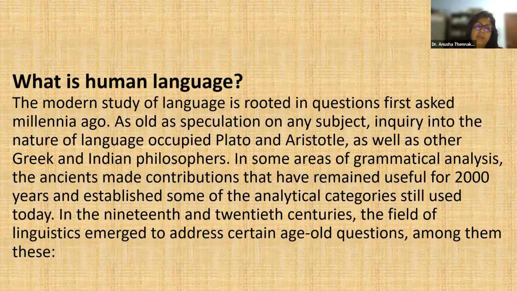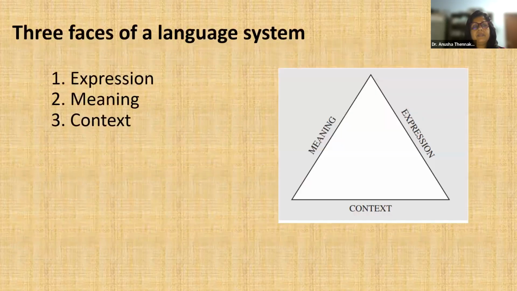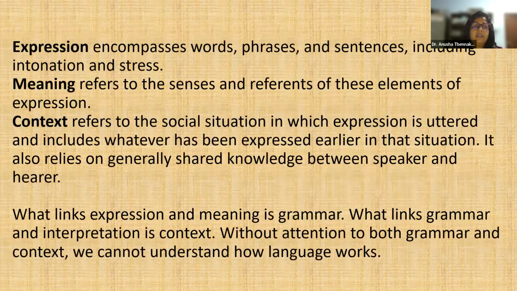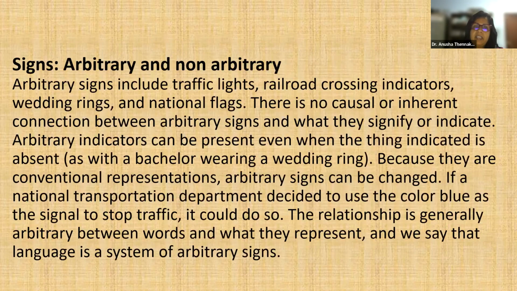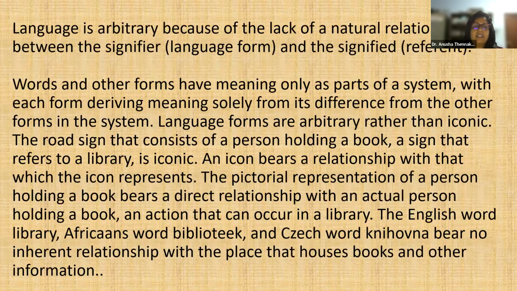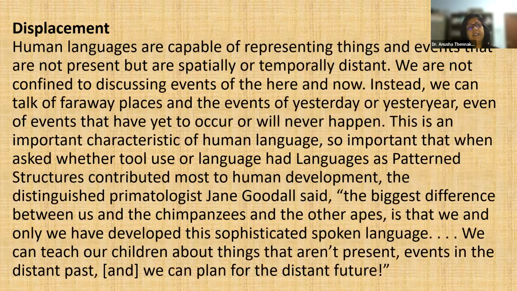And then we came to the topic, what is human language? Then we got to know there are 3 phases in a language system: meaning, context, expression. Then we discussed them. Then language, mental and social, arbitrary and non-arbitrary language. All these things.